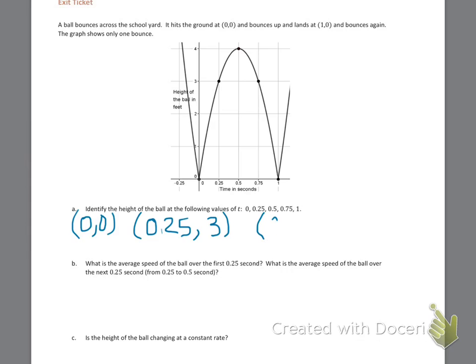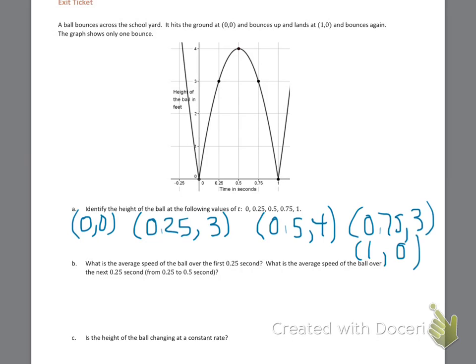At 0.5, the ball's at its highest, which is 4 feet. At 0.75, the ball is coming back down, so it's at 3 feet. And then at 1 second, the ball's back down to the ground at 0.